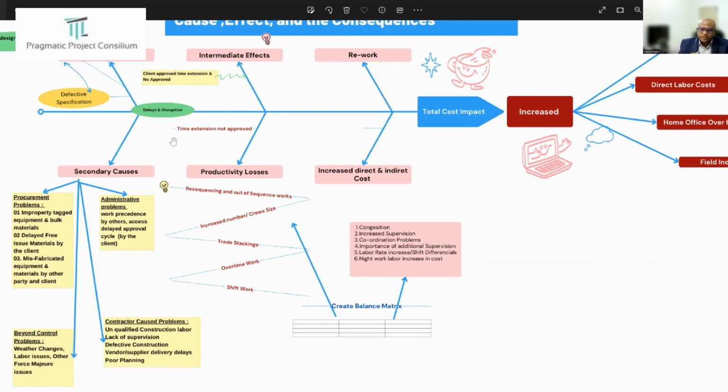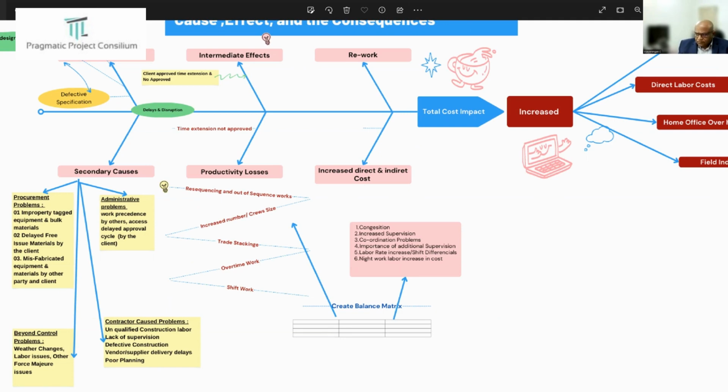They may not approve the EOT, extension of time, or they may not agree with what the contractor submitted without appropriate records. So the contemporaneous records and other important documents, subject to the project nature, we have to submit properly, and therefore we will get a better result from the client in the approval process.